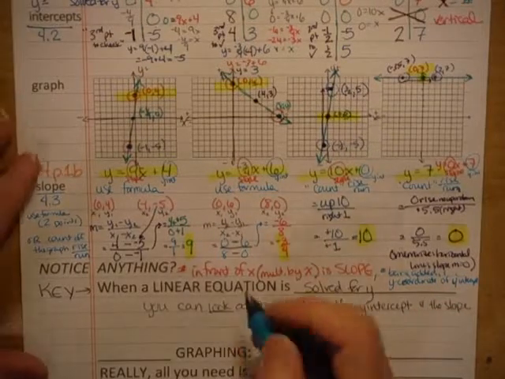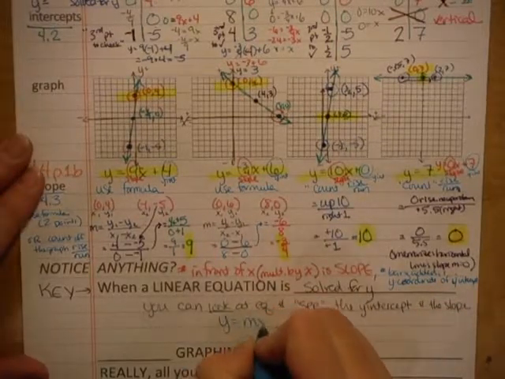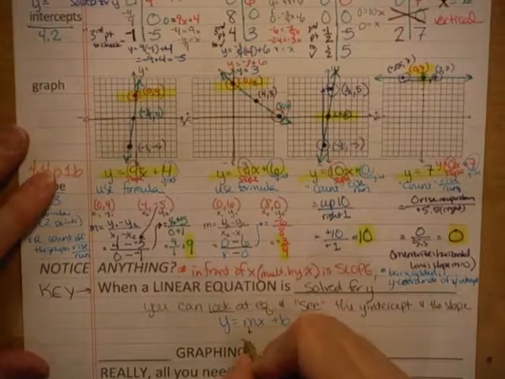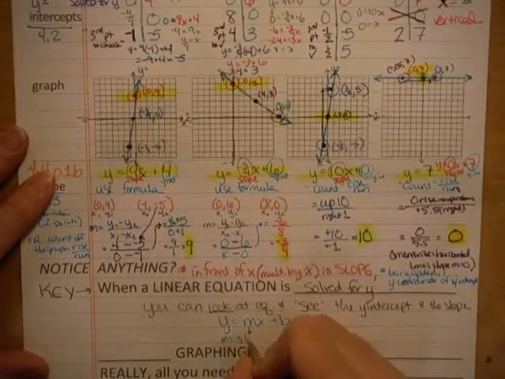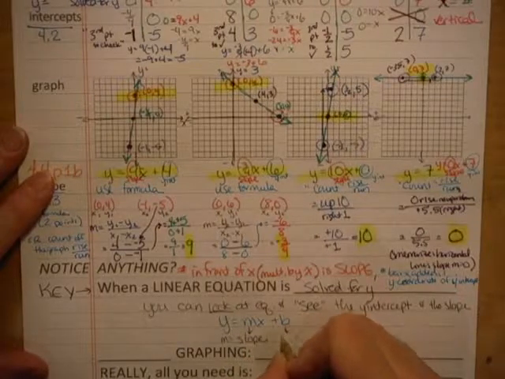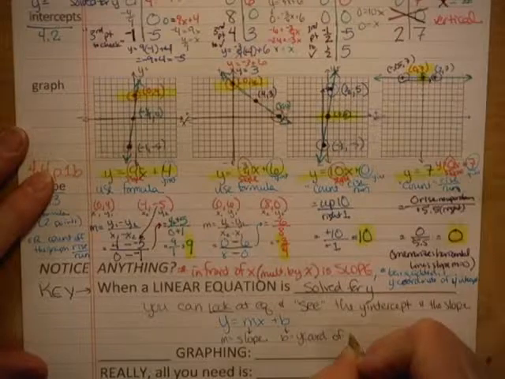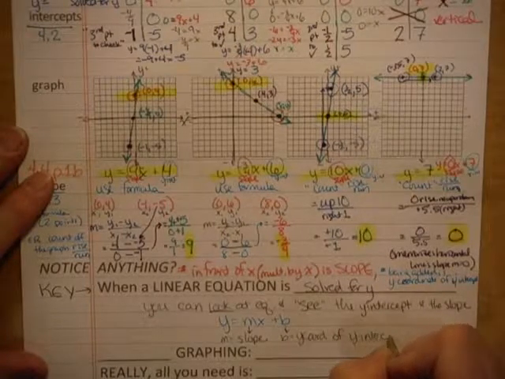So when you have y equals mx plus b, m is your slope, and b is the y-coordinate of your y-intercept, where it crosses the y-axis.